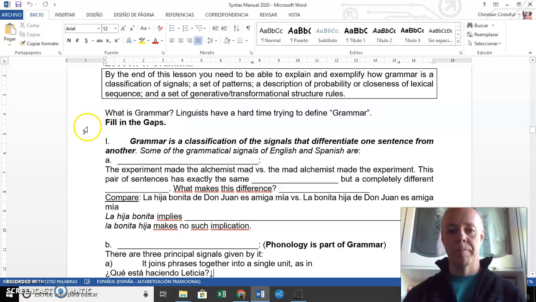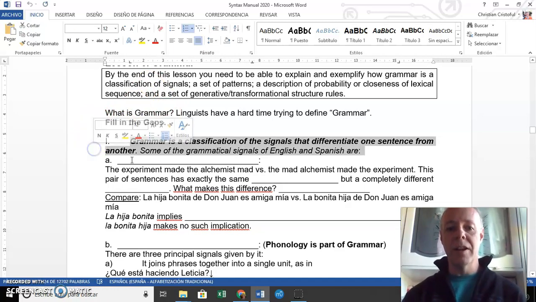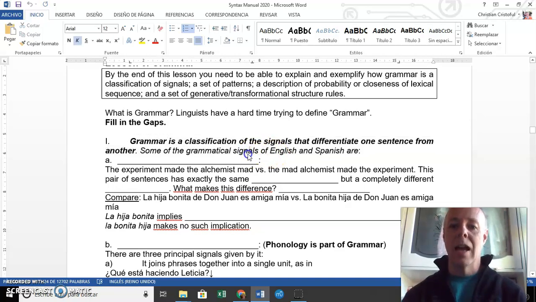The first one says, grammar is a classification of the signals that differentiate one sentence from another. What does that mean? It means that there are certain signals in syntax that we need to spot, okay? And we're going to spot these signals.